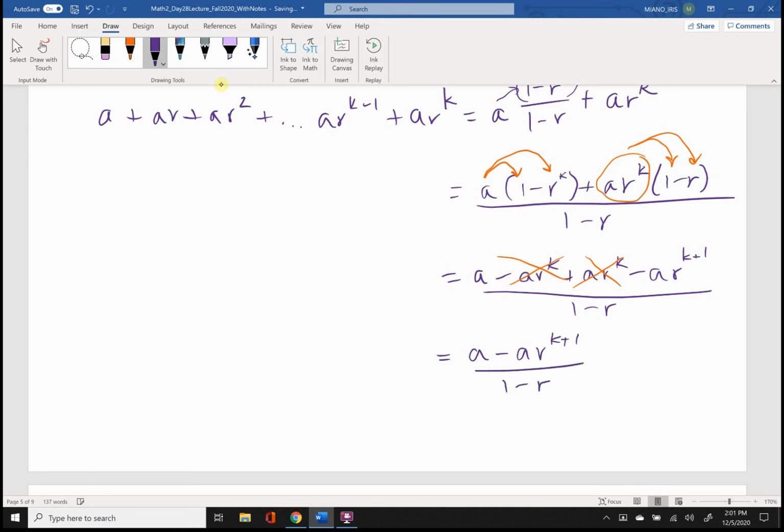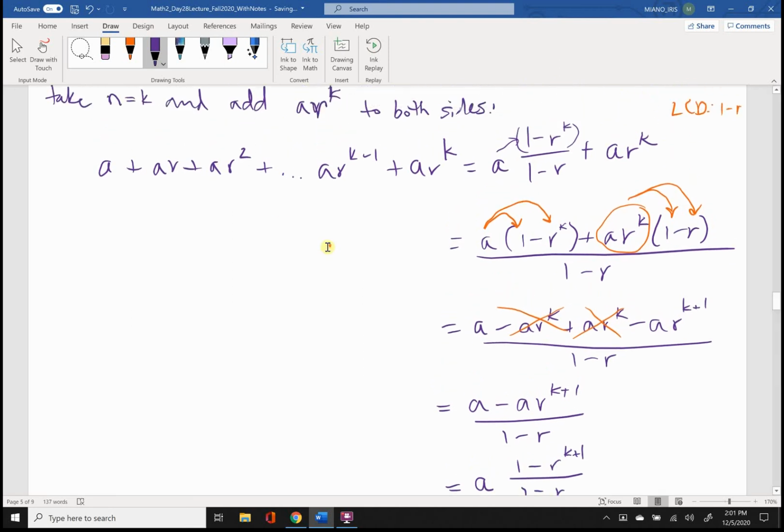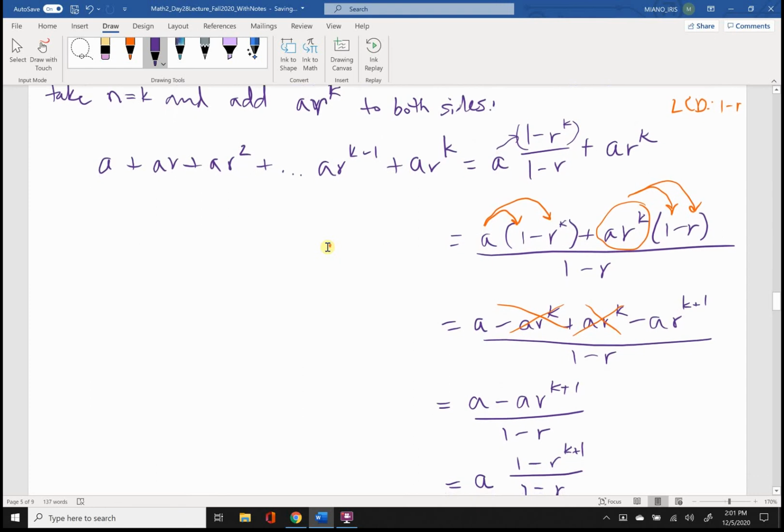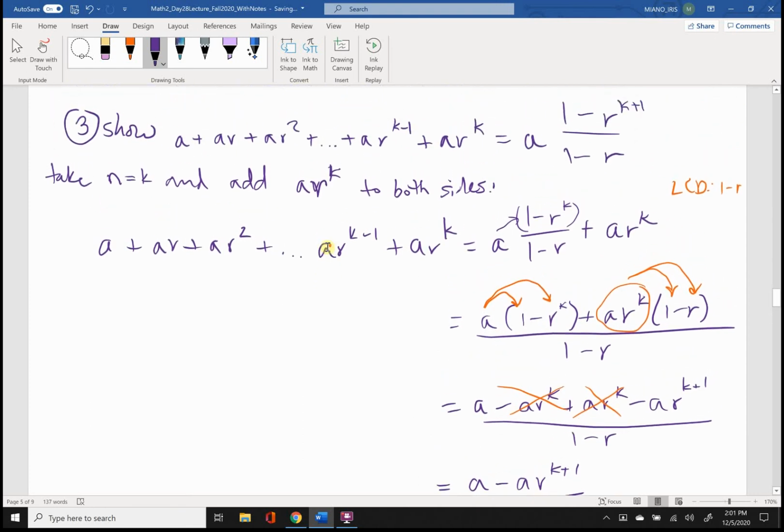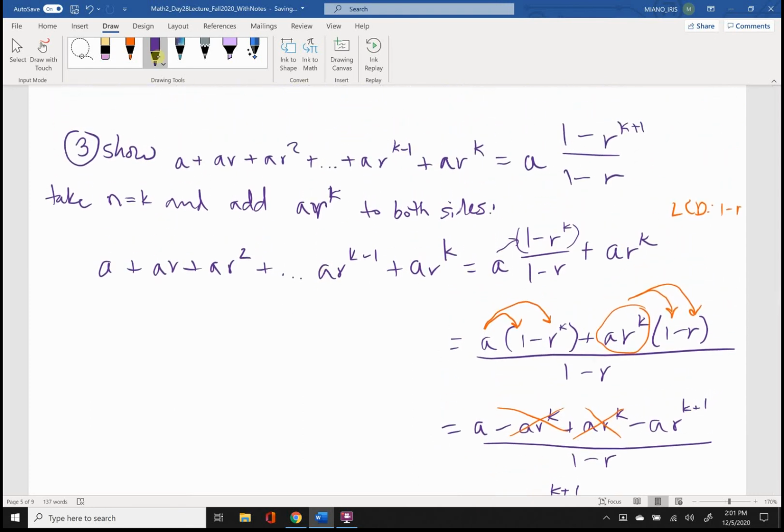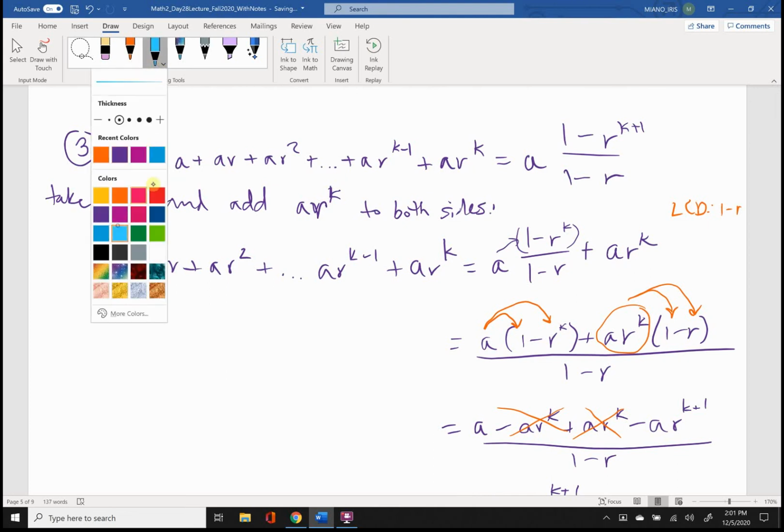We are so close to getting this to match up. All we need to do now is pull out this common factor of a, bring it to the front of the ratio, and we will be left with 1 minus r to the k plus first power all over 1 minus r. Great. I won't be able to have it all on one page because my handwriting is so incredibly large here. I'm going to take a different color. We'll do this light blue.